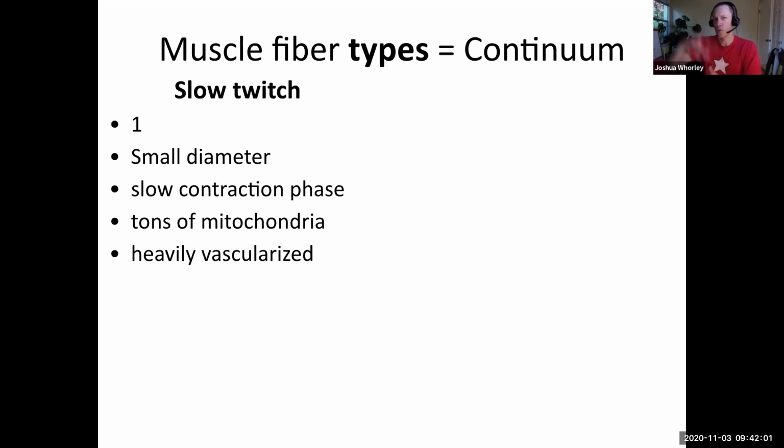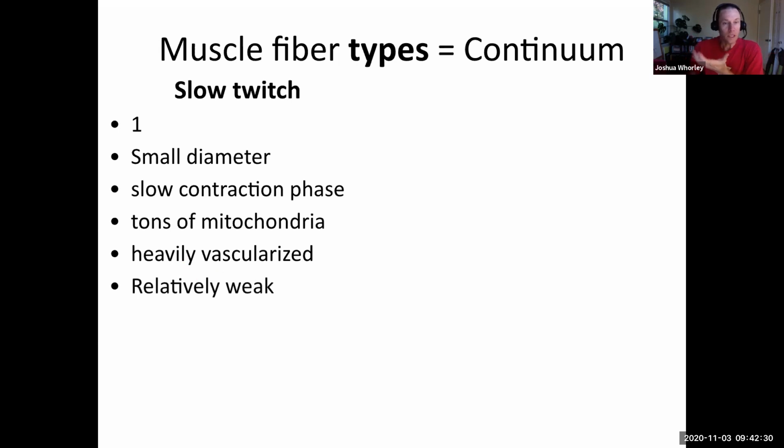If you remember way back to the 3 layers of connective tissue, the one that goes around the whole muscle, the one that surrounds fascicles, and the one that surrounds individual muscle fibers, hopefully you remember that we see vascularity, capillaries, and larger blood vessels, in the endomysium, that inner layer, and the epimysium. Is that right? Yes, the layer surrounding fascicles. So it's heavily vascularized, really good blood supply.